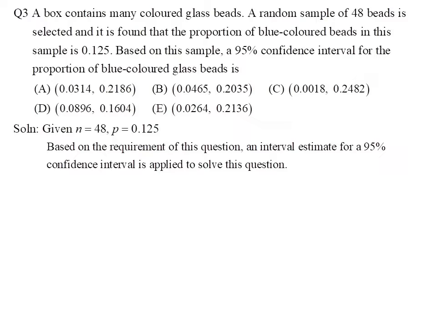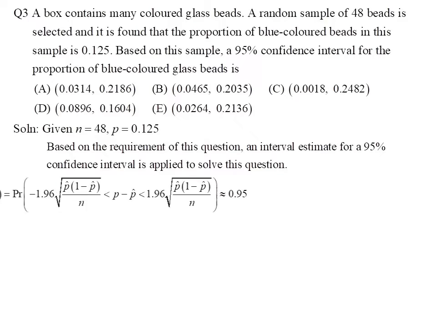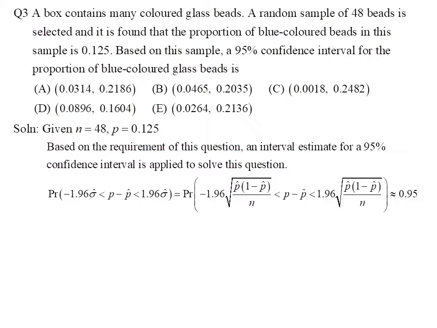Hence, an approximate 95% confidence interval for p is given by the interval between negative 1.96 times the sample standard deviation and 1.96 times the sample standard deviation.